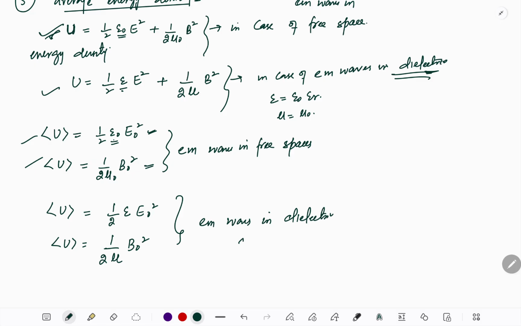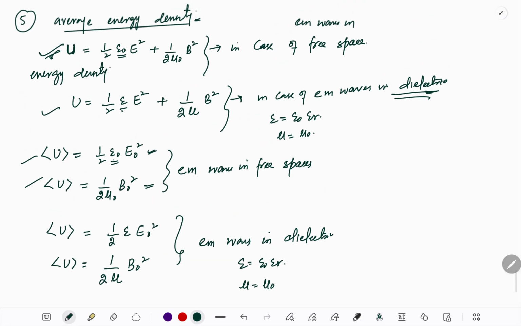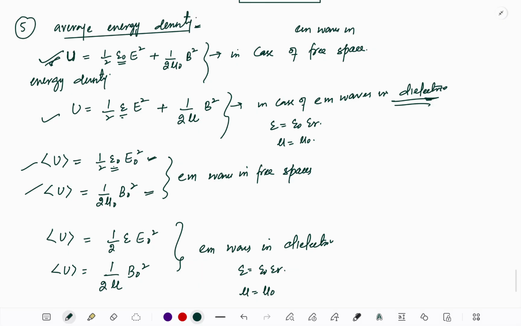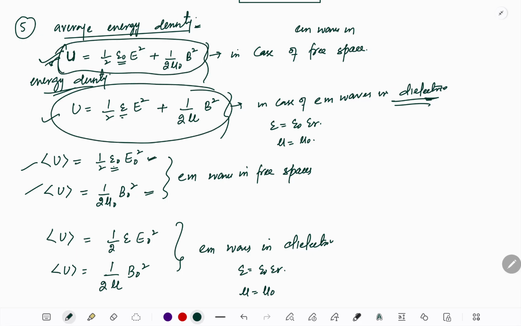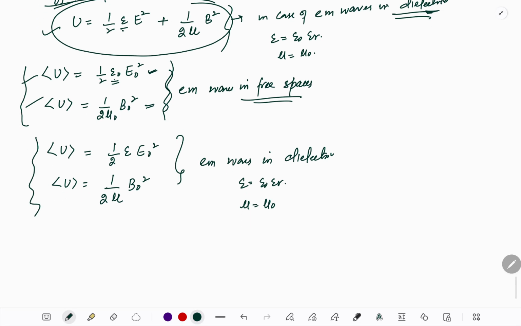But remember again, epsilon is epsilon 0 epsilon r, and mu is mu 0, because the medium is again non-magnetic. So I was able to write the general energy density. This is the energy density in free space. This is the energy density in dielectric for the electromagnetic waves. This is the average energy density for electromagnetic waves in free space. This is the average energy density for electromagnetic waves in the dielectrics.